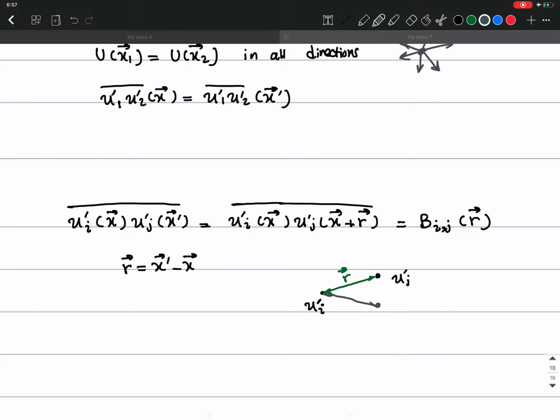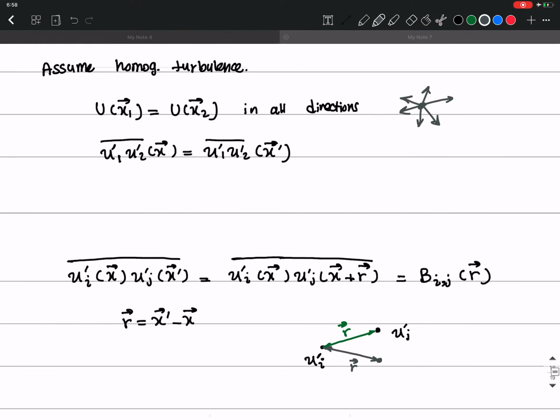As long as r is the same, their distance is the same, this is going to be the same in a homogeneous turbulence. Because in homogeneous turbulence, everything is homogeneous in all directions, so it shouldn't depend on the direction.